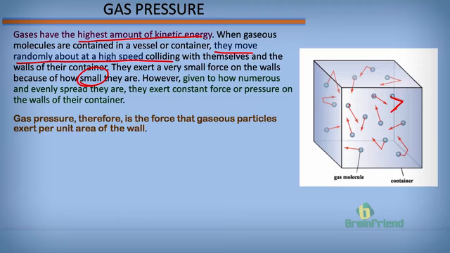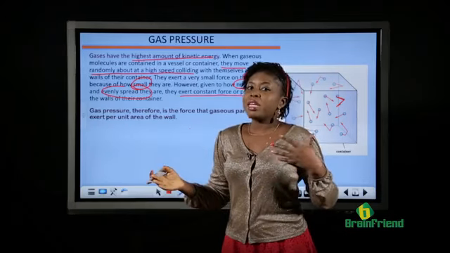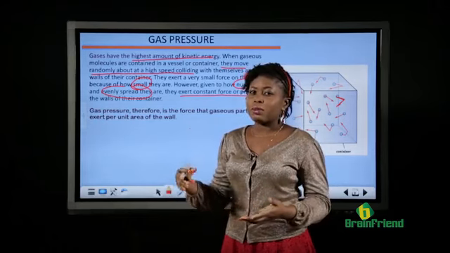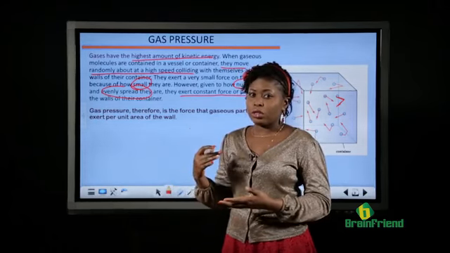But given how numerous and evenly spread out they are, they tend to exert constant force or pressure on the walls of their container. So it's like saying, for example, just one gas molecule exerting its force on the wall of the container is really not going to make any difference. But imagine millions of these same gas molecules exerting their force on the walls of the container.